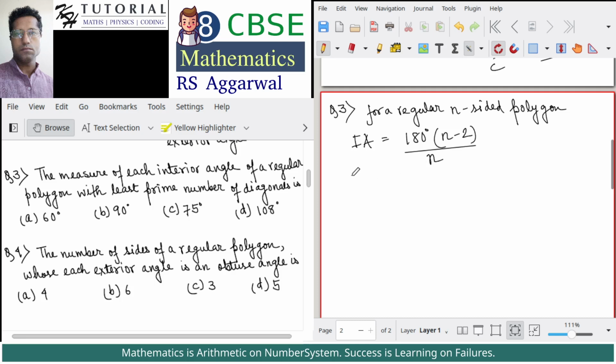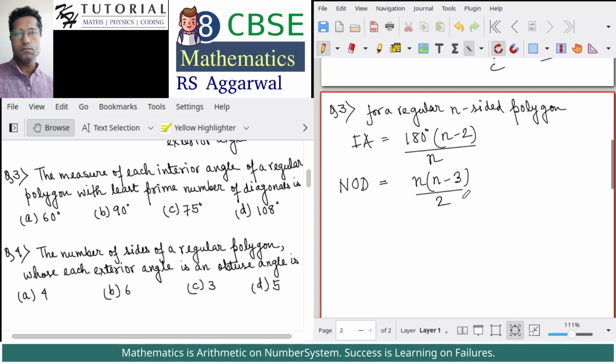Okay, so what is the formula for number of diagonals? I'm abbreviating NOD as number of diagonals. We know that the number of diagonals in a polygon of n sides is n into n minus 3 divided by 2.